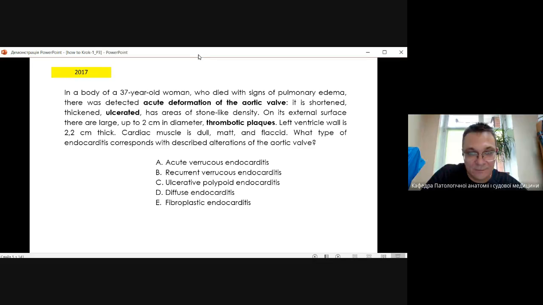That's correct. Okay, I guess that's clear. Ulcerative polypoid endocarditis, and in fact, the name of this process in the Western School of Pathology, that's infective endocarditis. In our case, that's ulcerative polypoid endocarditis.